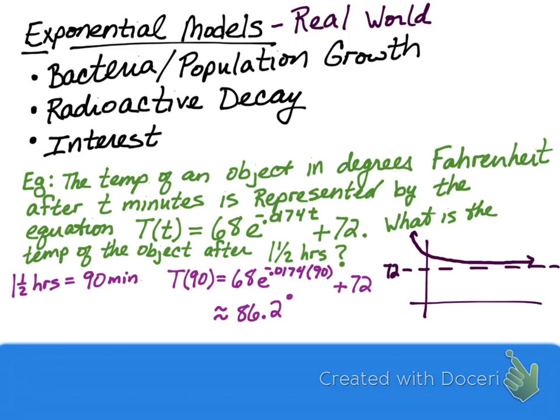At time equals 0, the temperature of this object would be 68 plus 72, or 140 degrees, and that would be my y-intercept, which is not drawn to scale. And our question wanted to know what was the temperature at 90 minutes, and that is the 86.2 degrees.